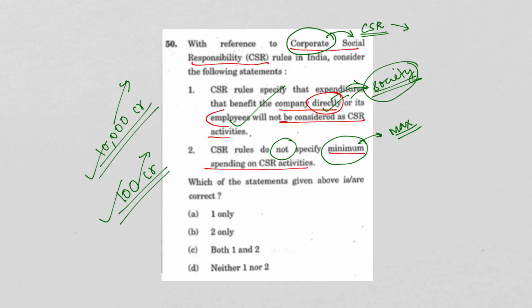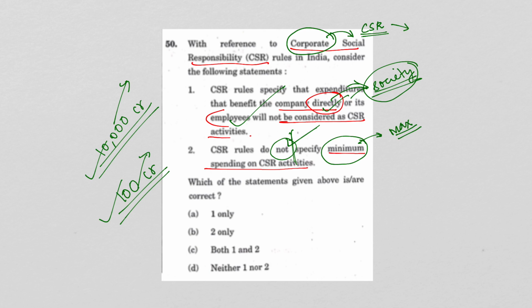So there should be some minimum. Otherwise, this is not logical. Companies spending on their own will and their own likability, that is not practical at all. So there should be some minimum. So this statement is wrong.